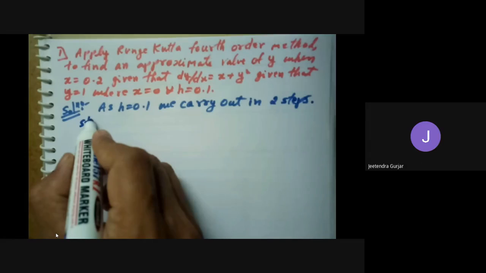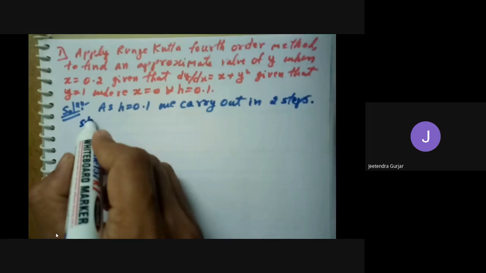See, why we carry out this in 2 steps, students? When we start the approximation, can anyone tell me what will be the initial approximation? 0. Yes, very good. x is 0.